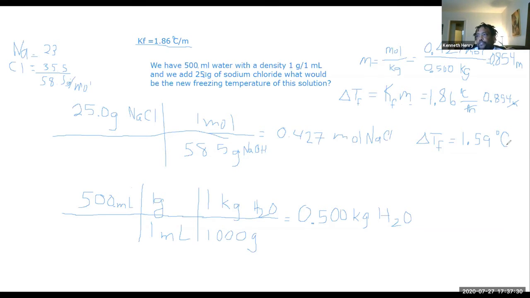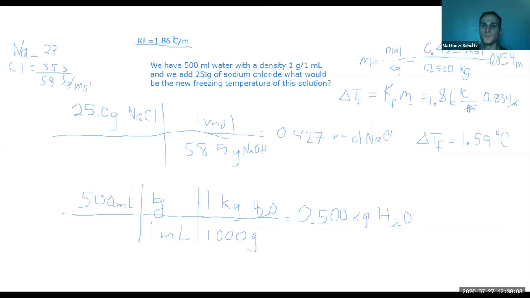So what is going to be your new freezing temperature, or your new freezing point? Water freezes at what degrees? 32. Okay. 32 degrees what? Fahrenheit. So how much does it freeze at in Celsius? Because we have these in Celsius. We want to keep the same units, right? Otherwise, you're getting yourself in a lot of trouble.